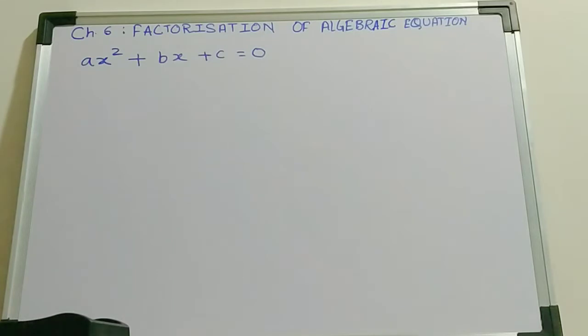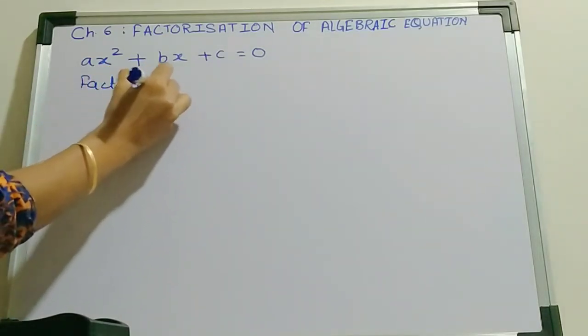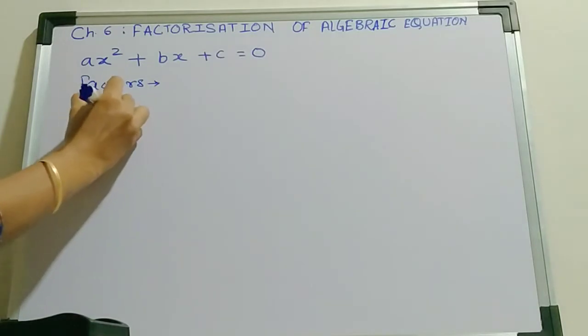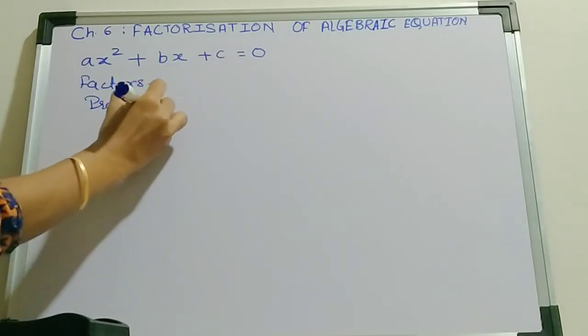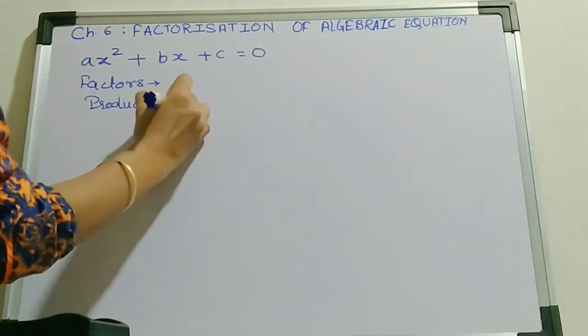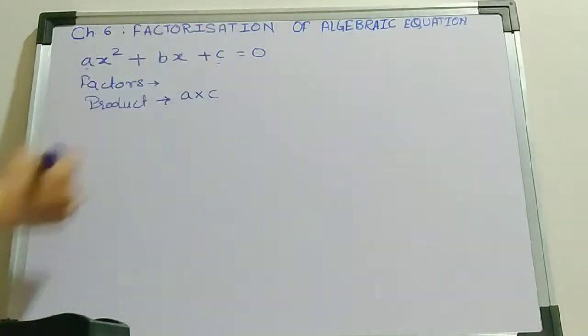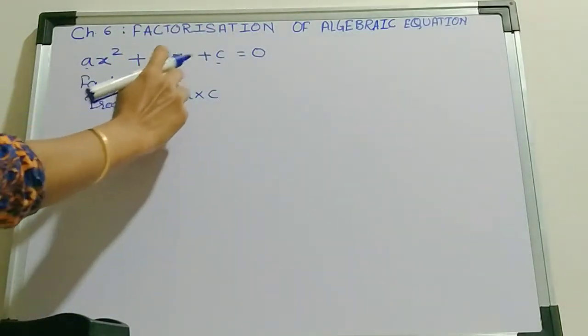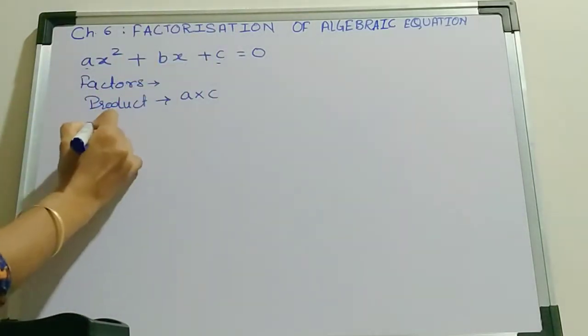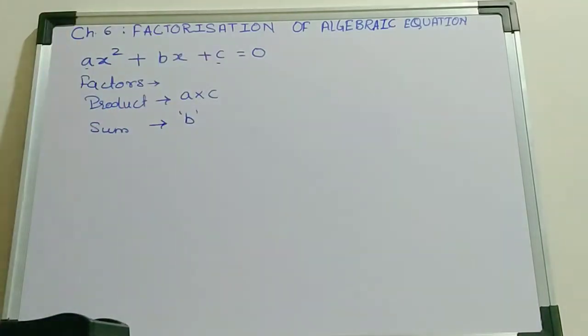Now to find out the factors, first we have to find out the product. The factors whose product value has to be a into c, and the sum of the factors should be the middle term, that is b value.